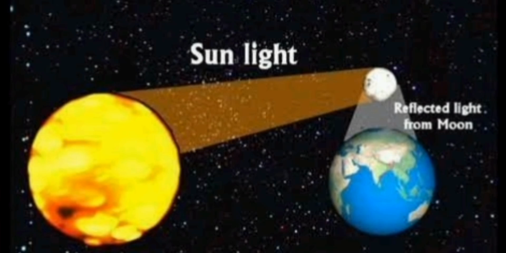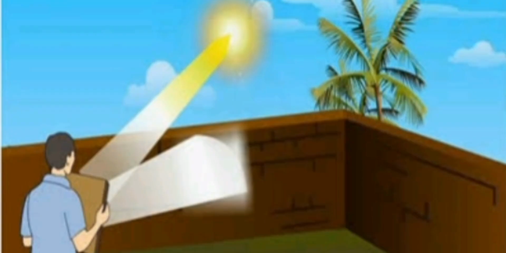Like a mirror and the moon. So the mirror and the moon don't emit their own light, but they just reflect the light falling on them. Like a mirror reflects the light from a flashlight, or the moon reflects the sunlight.